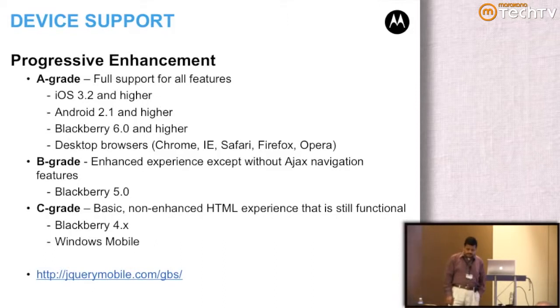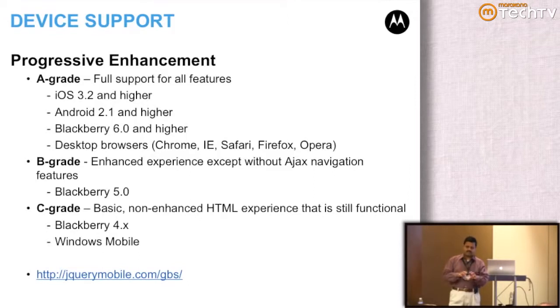The other nice thing that I like about jQuery Mobile is it uses something called progressive enhancement. What it means is, for a very stripped down device that cannot run animations and things like that, without you having to change your code, it will run just the basic functional aspects of the code.